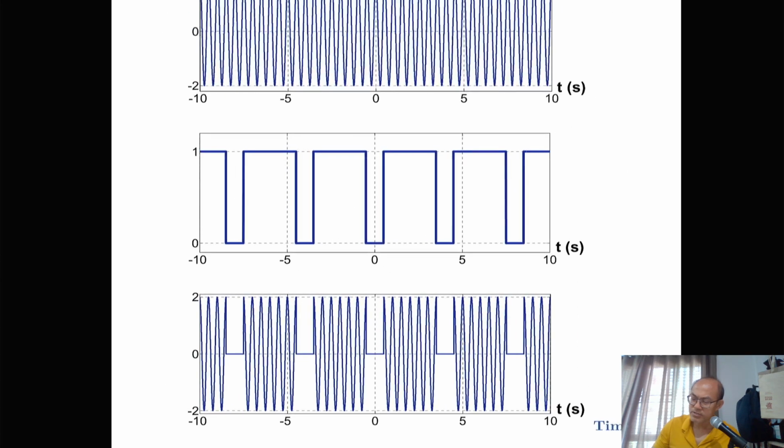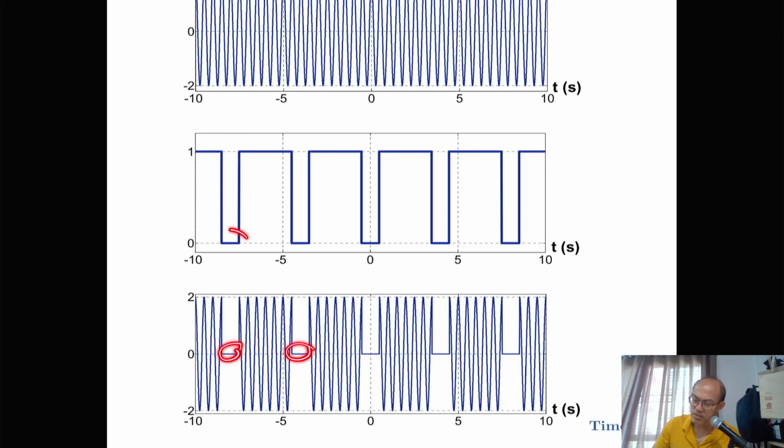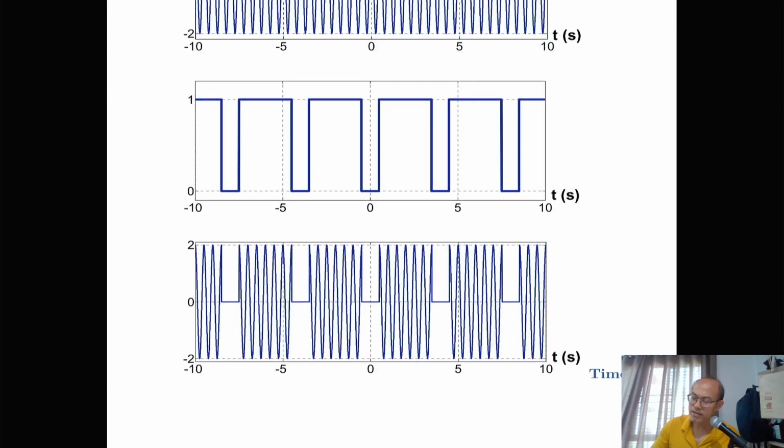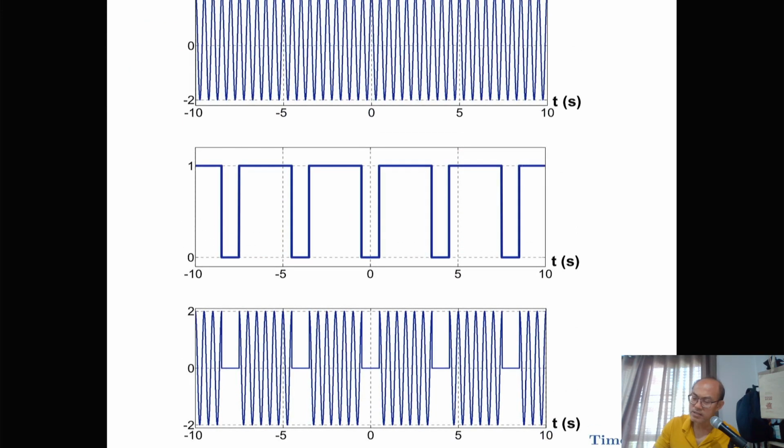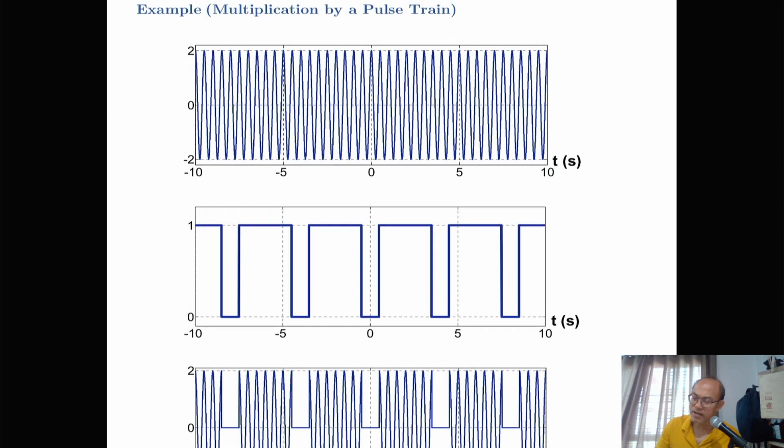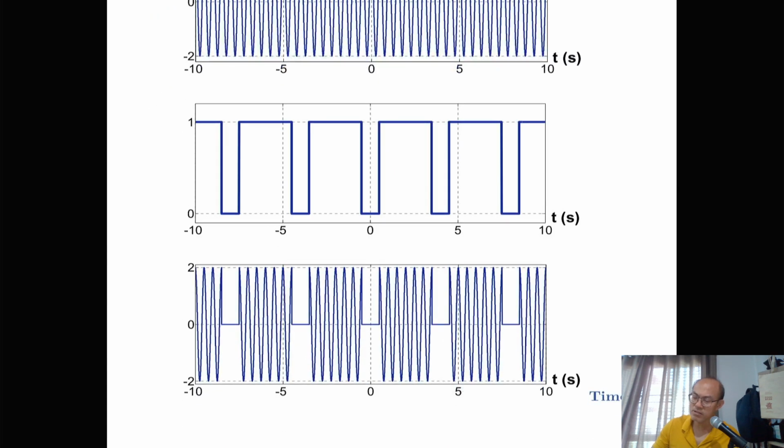Okay, the 0 here occurs because this is 0, and we know that if we multiply this number 0 to anything, we're gonna get 0 back. Now every time when this signal is 1, here 1, right, we're multiplying 1 to this guy in those intervals, so we're gonna get this guy back in those intervals, right?